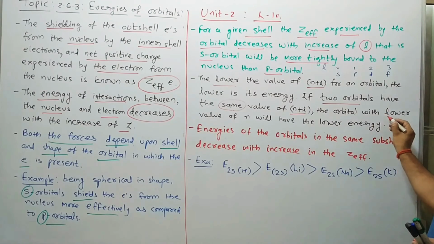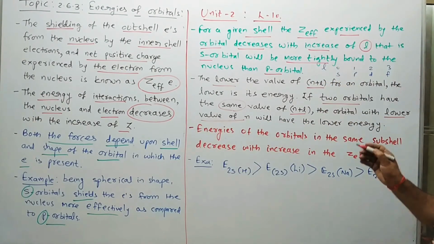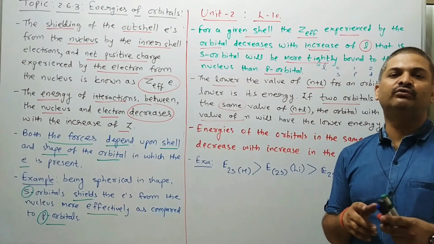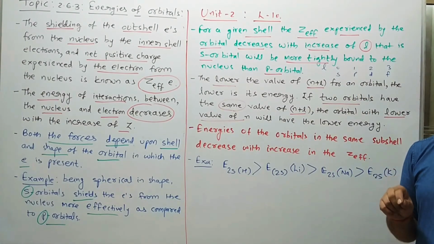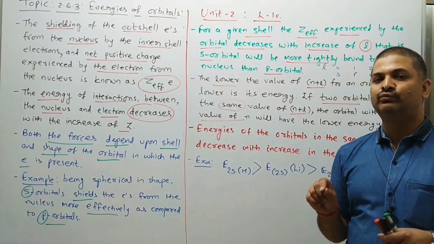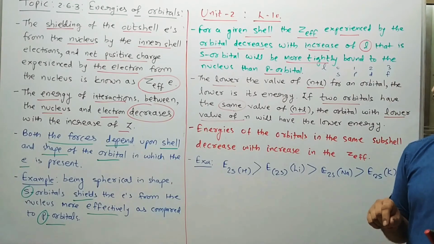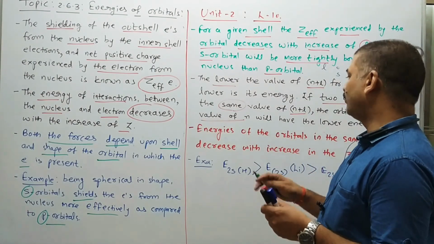Here the orbital with the lower value of n will have the lower energy. If the n plus l value remains the same between two orbitals, then first of all we will write down that orbital whose principal quantum number n is less.